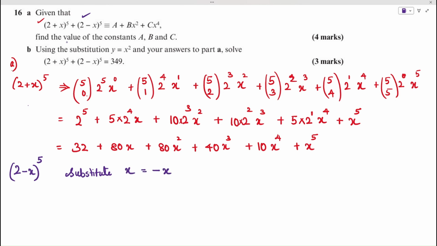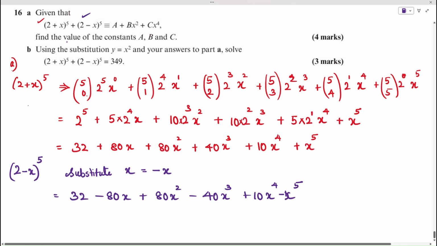And so this is equal to 32 minus 80x plus 80x squared minus 40x cubed plus 10x to the power of 4 minus x to the power of 5.